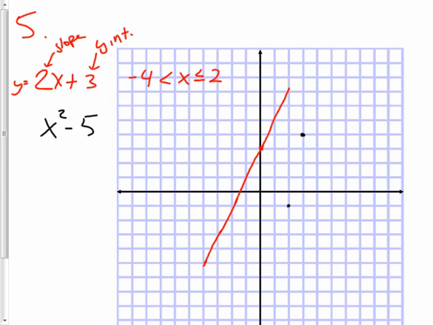The endpoints on my red line, are they both solid dots? No. One of them is a solid dot, that one. And the other one is an open circle. If you don't have an open circle there, it will be marked wrong. You've got to get your endpoints right.